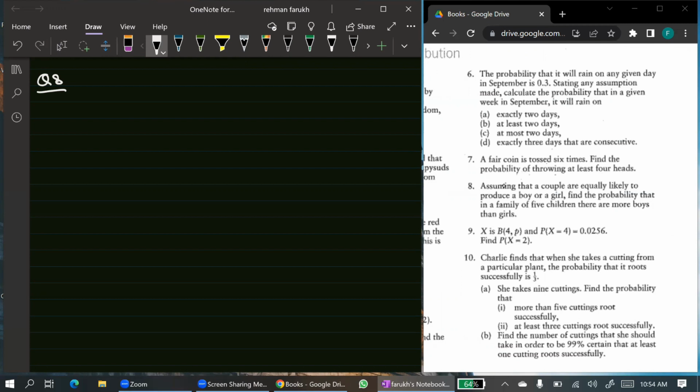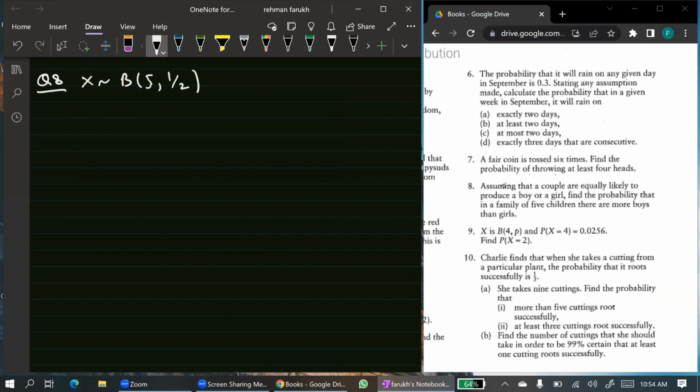Total number of experiments is 5. X is a binomial distribution with 5 comma. We will consider boys as a success. The probability of producing a boy is 1 by 2.